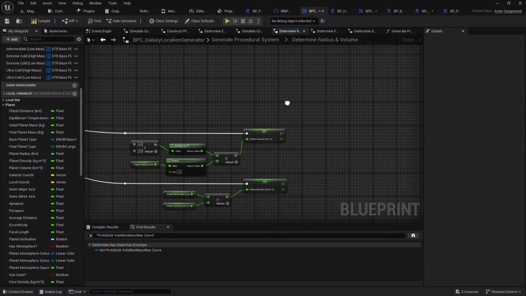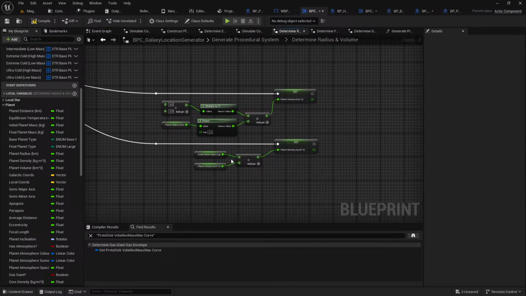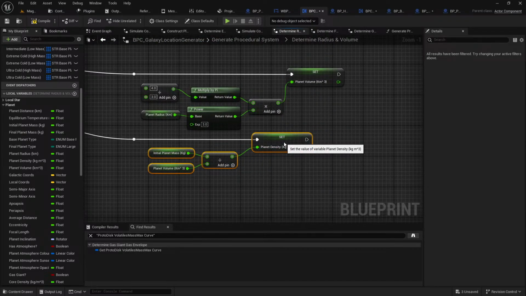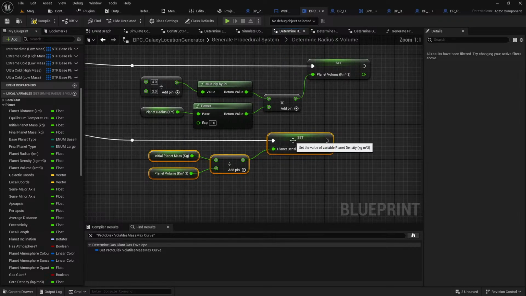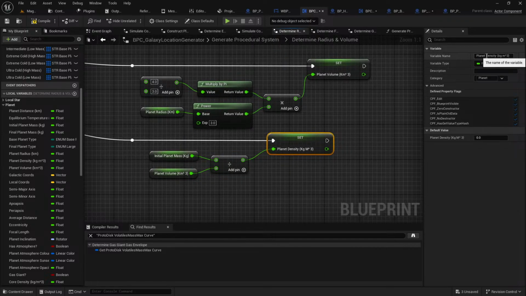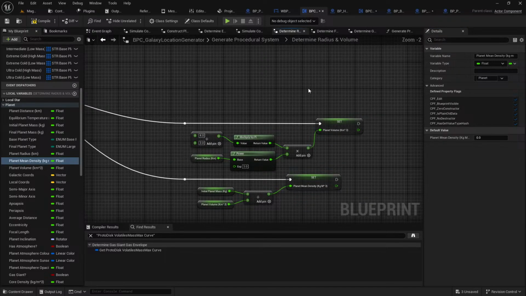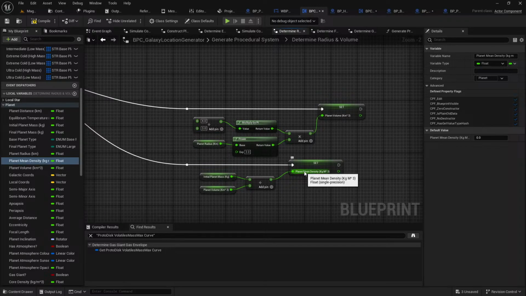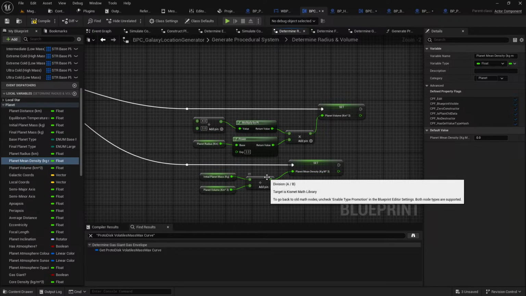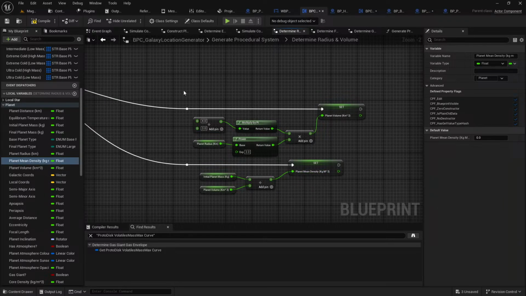Yeah, so I guess it's our radius, our volume, and our average density. I'm going to have to rename this to mean density, because it's not the true density of each layer, it's the mean density of the whole planet. That's fine, because we can work the gravity out from that.